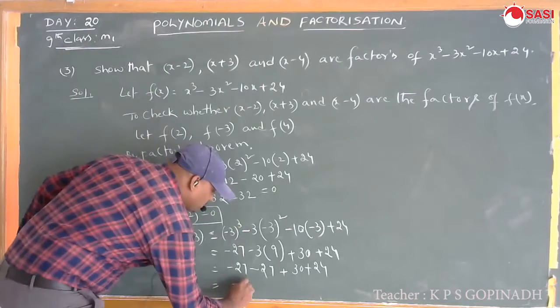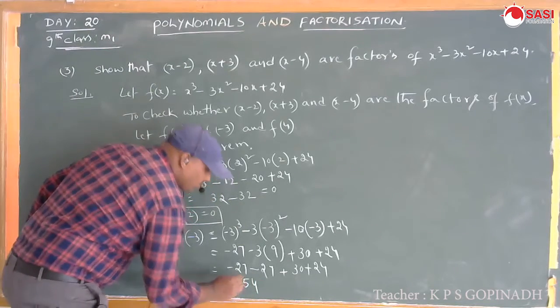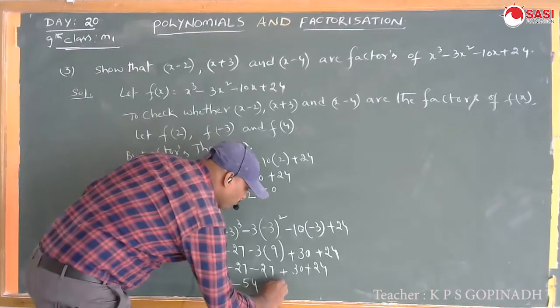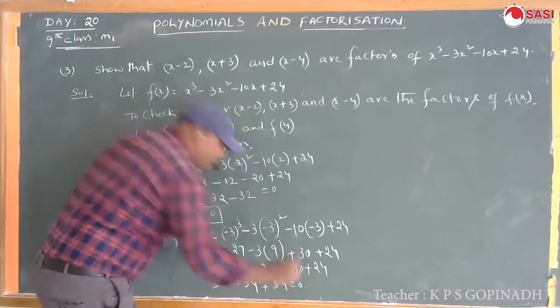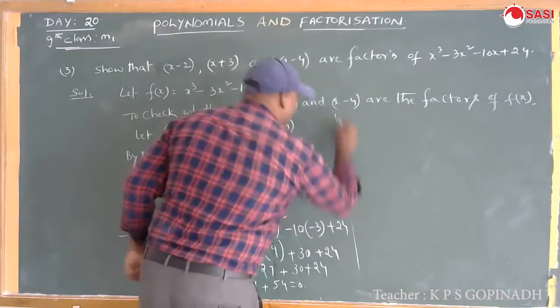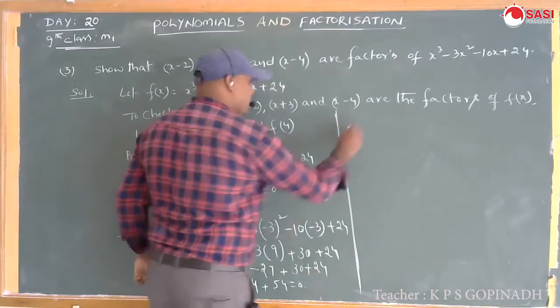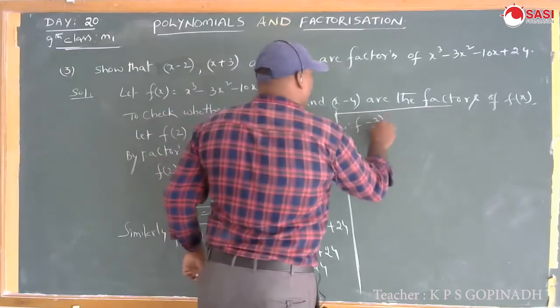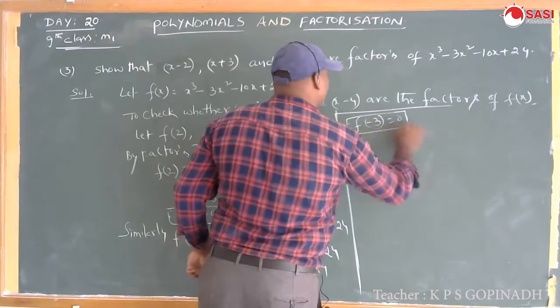Its value is minus 54, plus 30 plus 24, 54, which is equal to 0 came. So what happened? f of minus 3, we got 0.